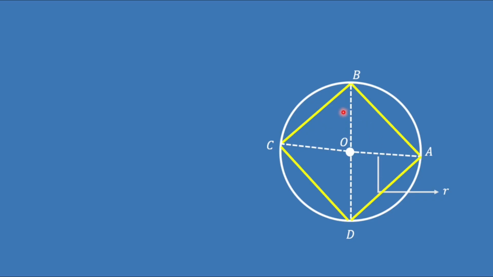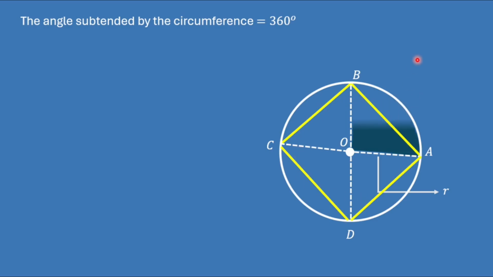With this geometry, now I use another piece of information, that is, we know that the angle subtended by the circumference of a circle equals 360 degrees, and we have divided the whole circle into four sectors of this form.